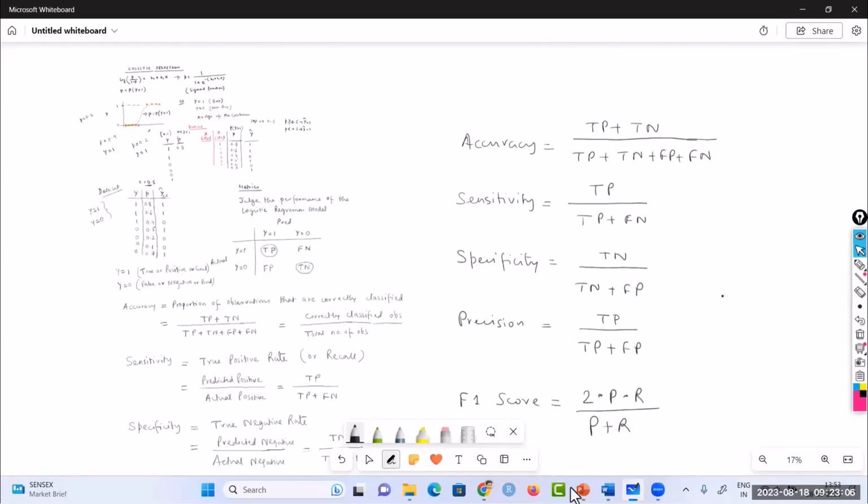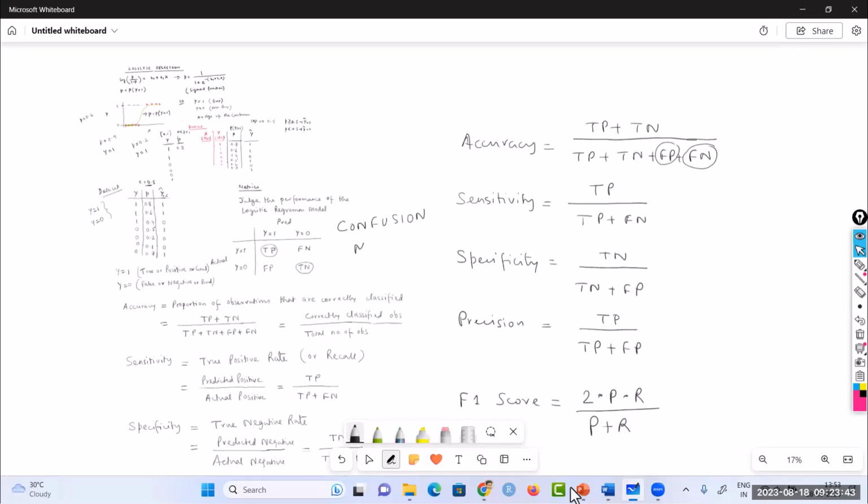Now when I look into accuracy, it gives me the proportion of observations which are correctly classified. If I look into this formula, I have false positive and false negative in the denominator. This matrix is known as the confusion matrix.